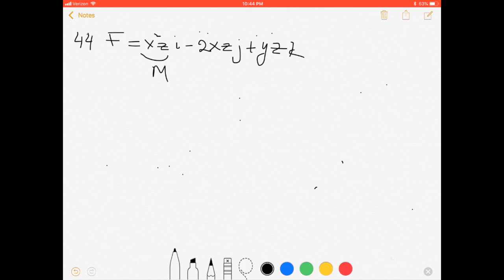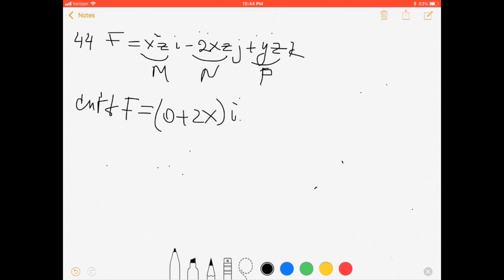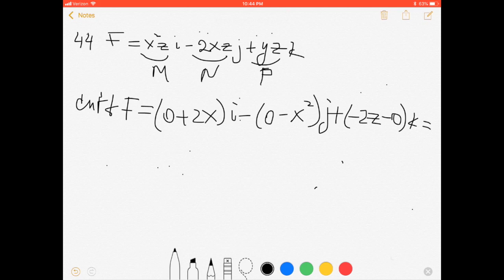This is M, this is N, and here is P. Plugging into the formula, you have curl F will be 0 plus 2x i minus 0 minus x squared j plus minus 2z minus 0 k.